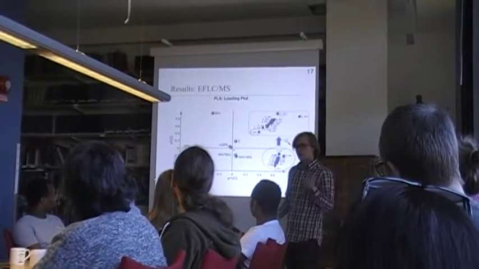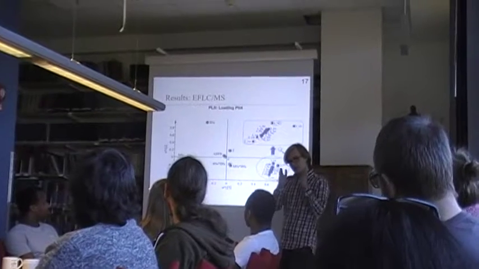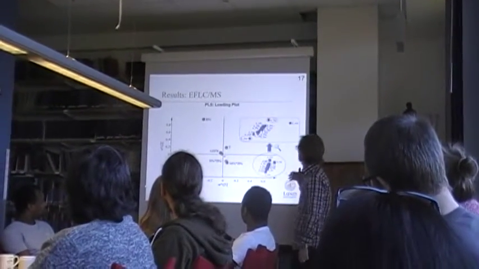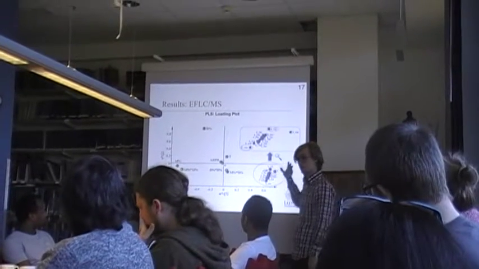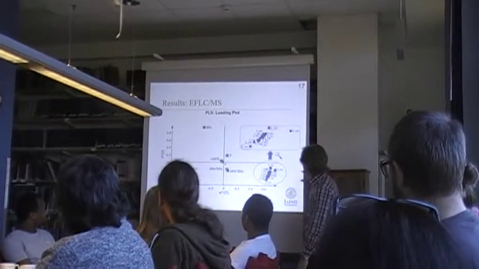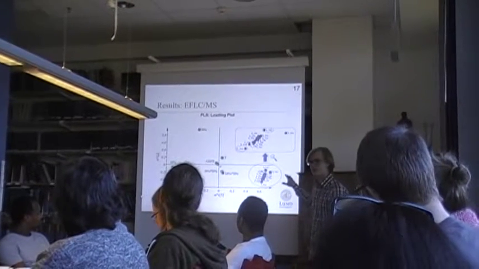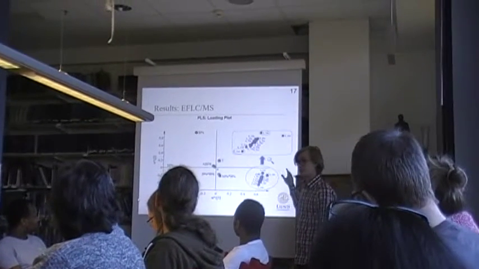Now, when it comes to evaluating the relationship between the EFLC-MS settings and these metabolite retention factors, I would do this through a PLS loading plot, which is shown here on the slide. So first off, these blue circles here represent the metabolite retention factors for each one of my 15 detected metabolites.